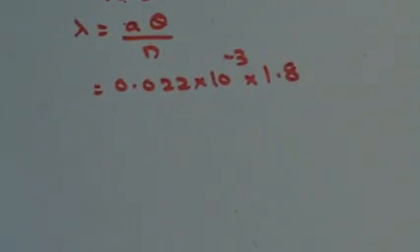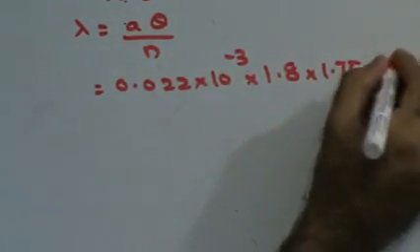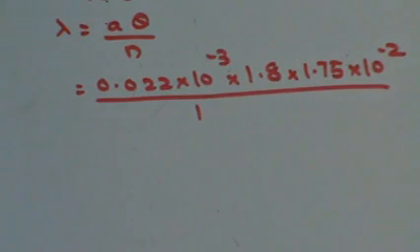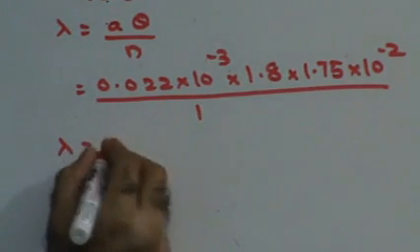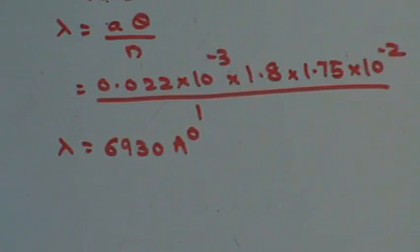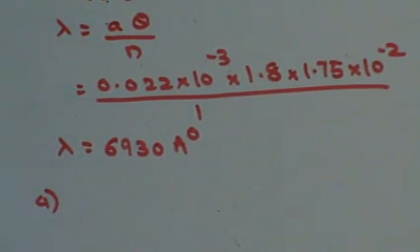Theta is 1.8 degrees. To convert this into radians, I'll have to multiply this by 1.75 into 10 raised to minus 2, the conversion factor, upon n. N is going to be 1 because this is first minima. Substitute, you will get this answer. When you solve this, you will get 6930 Armstrong units. So the wavelength of light used is 6930 Armstrong units.